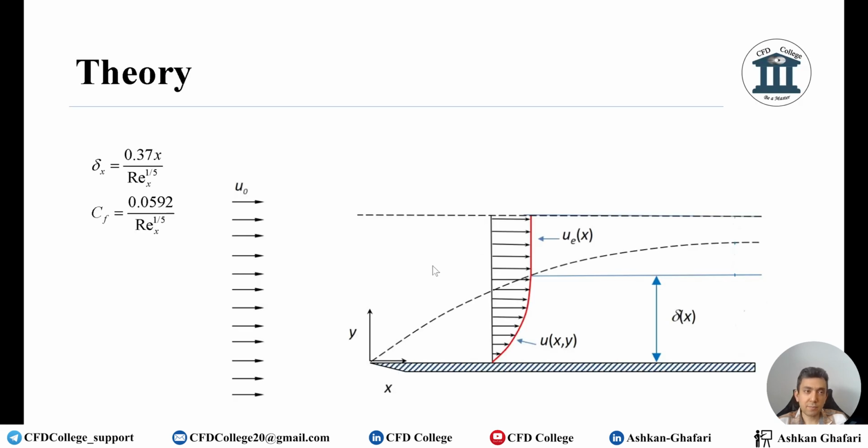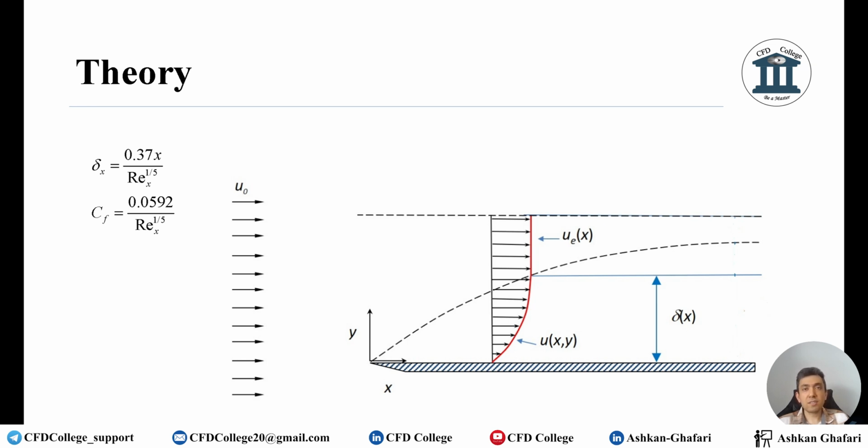But before generating the mesh, we have to think about the turbulence model that we are going to use. I want to use the k-omega-SST model because I want to solve the boundary layer.